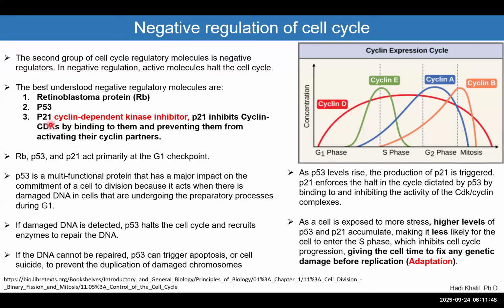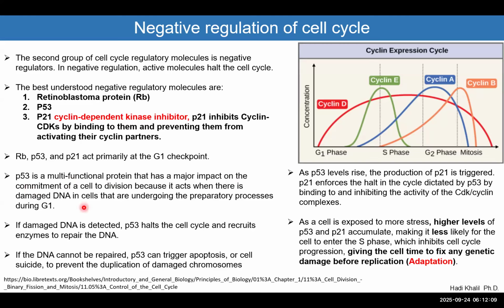Okay, so let's continue first with p53. It's one of the most famously studied genes in terms of cancer, cell cycle regulation, and DNA damage. This is a multifunctional protein. Its major impact on the cell is whether it commits to division or not.